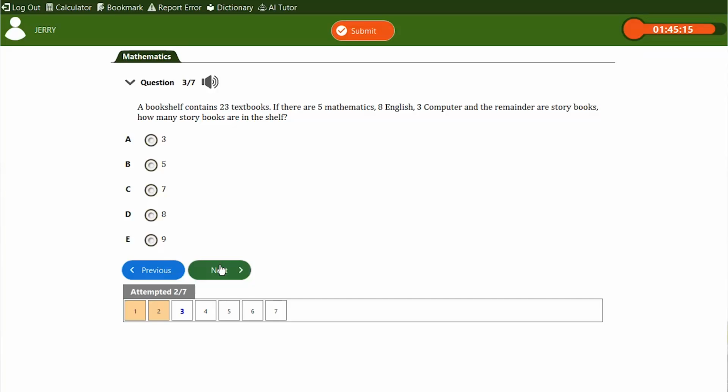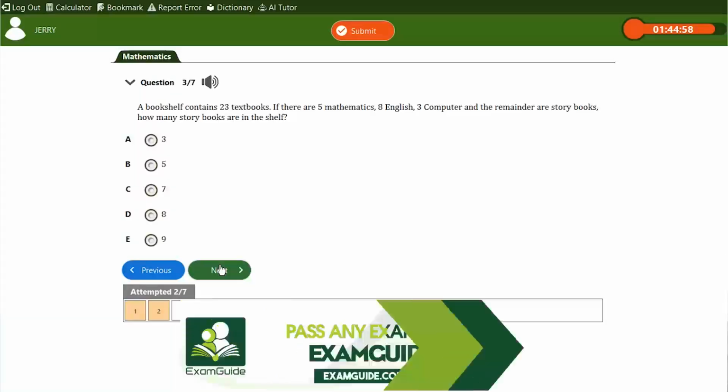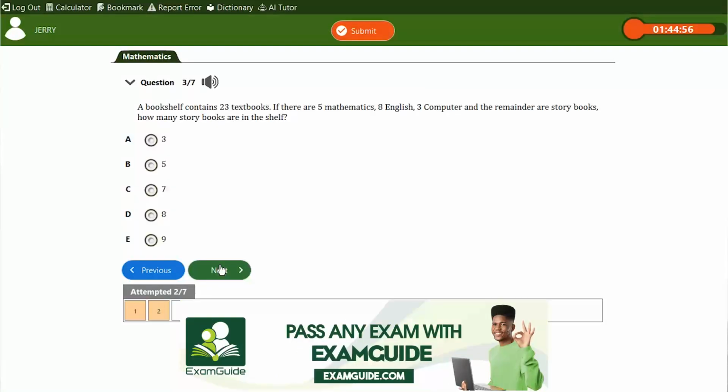All right, this is quite simple, straightforward. So you can see this kind of thing in your home. Maybe your daddy is asking you, for you to know the number of storybooks in his shelf, check how many maths do we have there, how many English, how many computer books. When you remove them, the number of whatever you have there is the answer. Now look at this now.